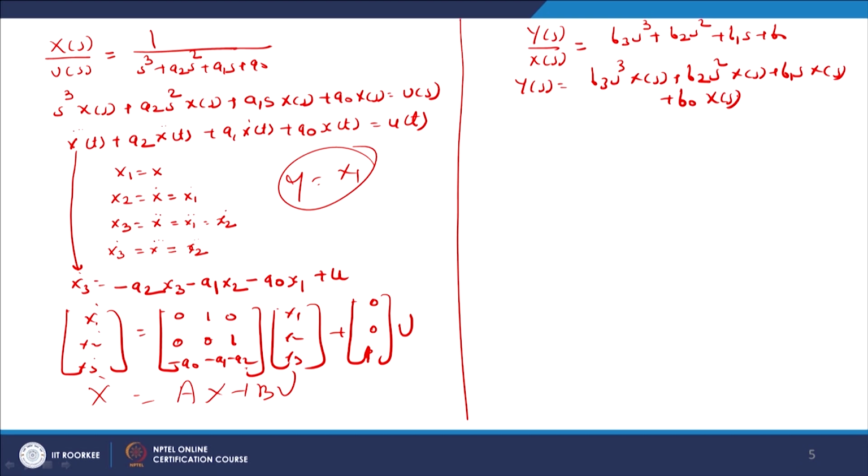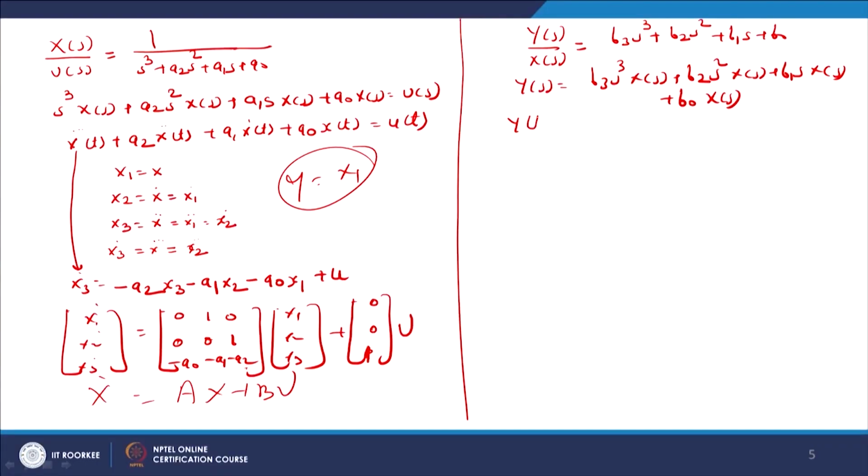Now, we can apply the inverse Laplace transform again, assuming initial conditions to be 0. We get y of t equals b3 x triple dot t plus b2 x double dot t plus b1 x dot t plus b0 into x of t.